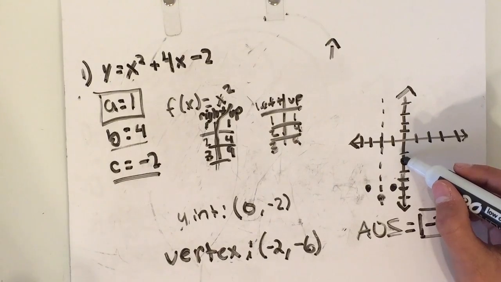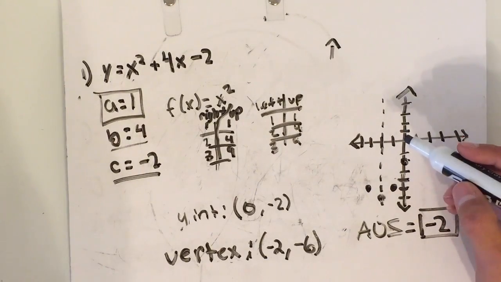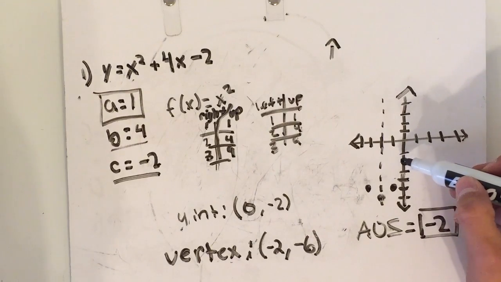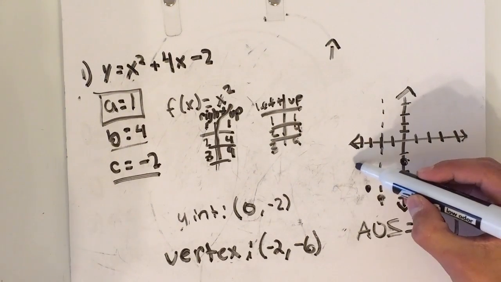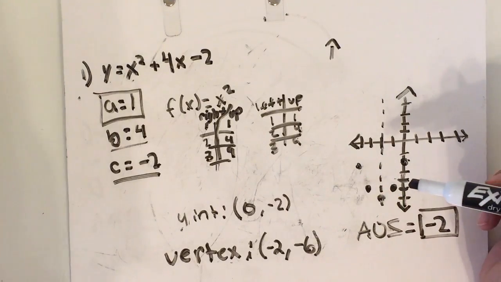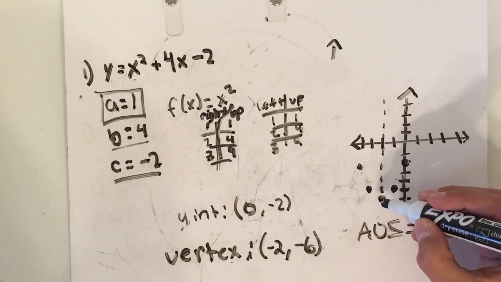And look at that, we've already got it plotted because that's our y-intercept. Once we have that y-intercept plotted, it should fall along the graph. So right there.